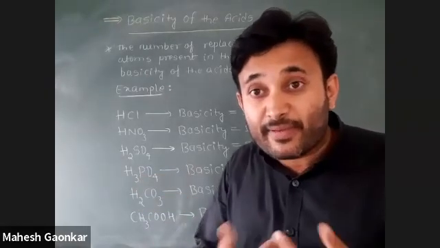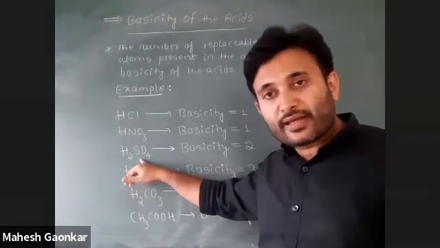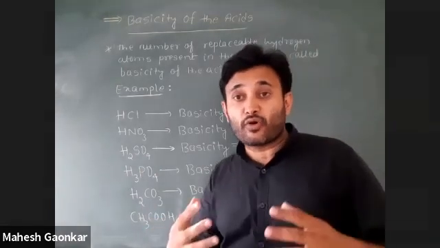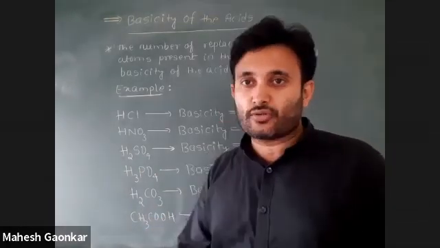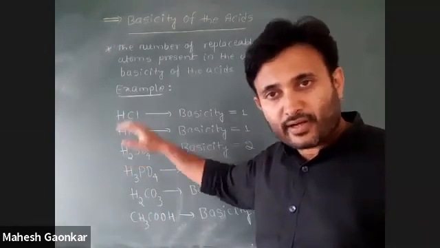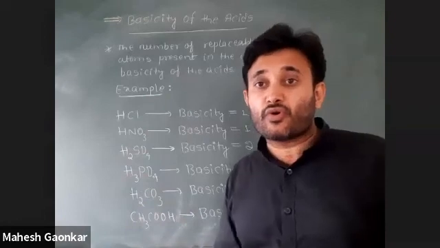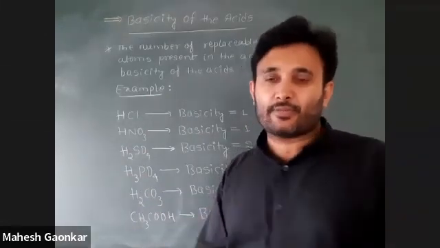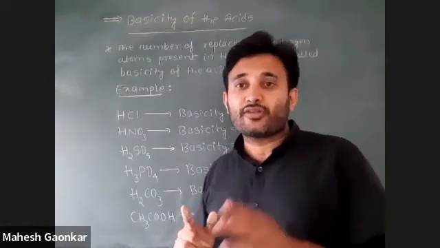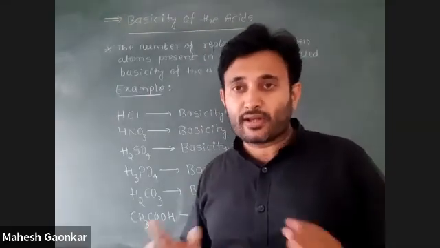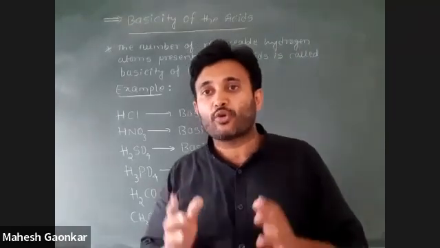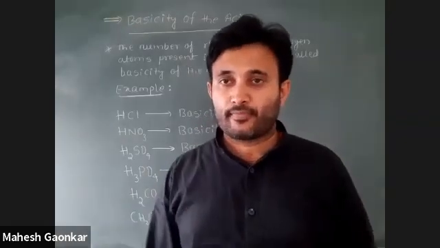Example for dibasic acid: sulfuric acid, carbonic acid. Example for monobasic acid: HCl, HNO3. Monobasic acid, dibasic acid, tribasic acid, all these are classified based on the number of replaceable hydrogen atoms. Hope that's clear.